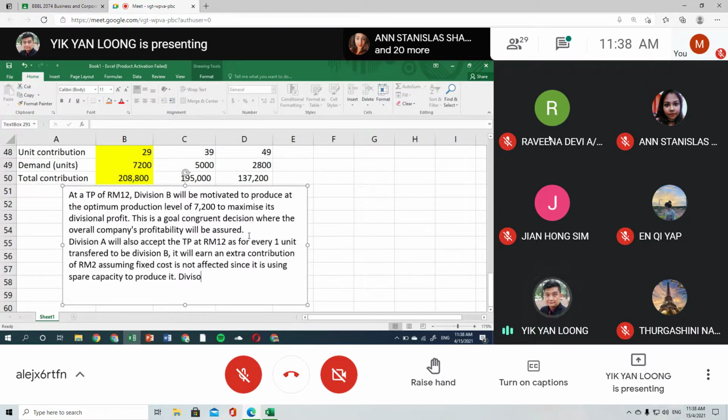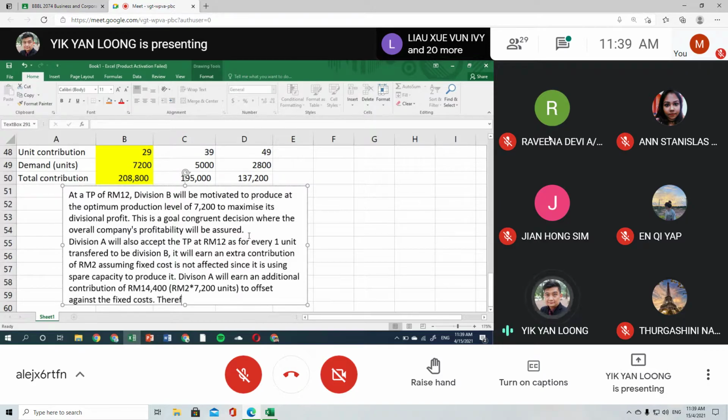Division A will earn an additional contribution of 14,400 ringgit, which is 2 ringgit multiplied by 7,200 units, to offset against the cost.